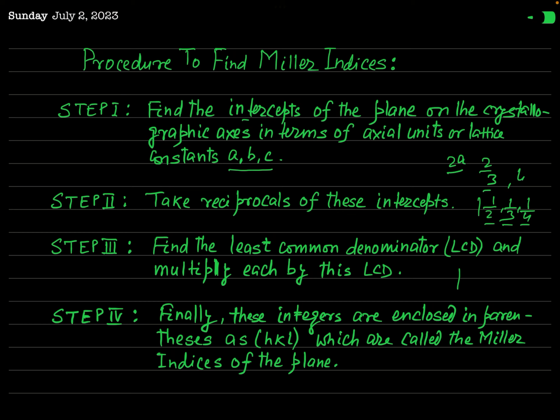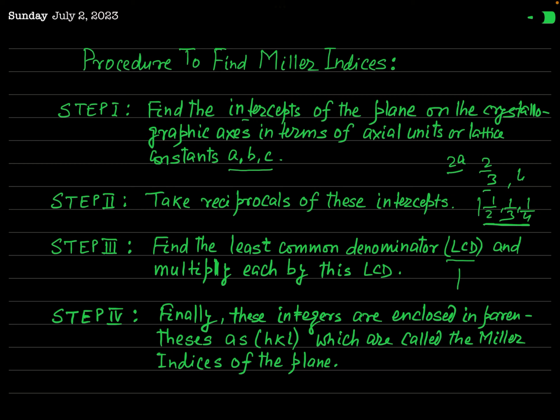Okay. So after taking the reciprocal of the intercepts, you have to find the least common denominator, which is LCD. And LCD is simply the LCM of the denominators. Once you get the LCD, you have to multiply all these numbers by that LCD.